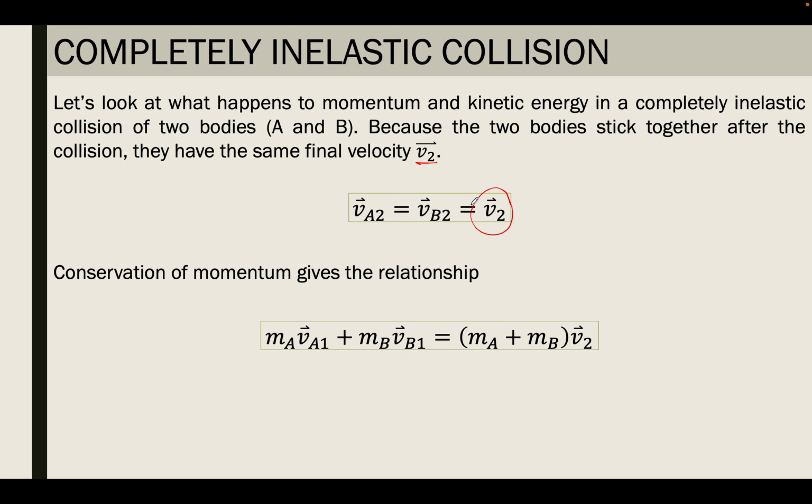So they have now the same velocity because again, these two bodies A and B stick together after the collision. Okay, so now for the conservation of momentum, the initial momentum must be equal to the final momentum.